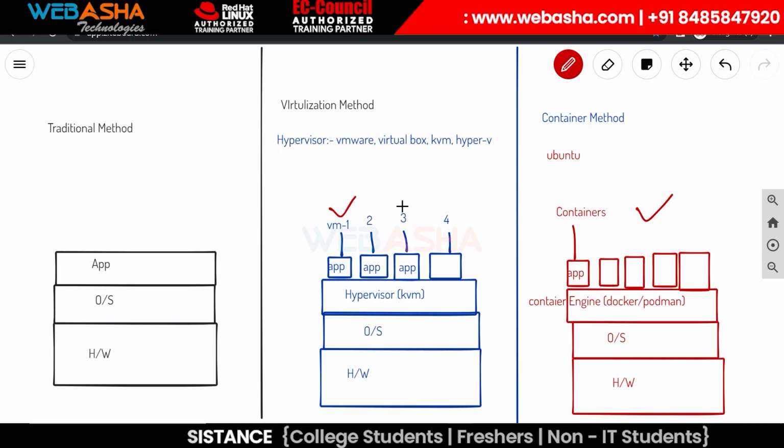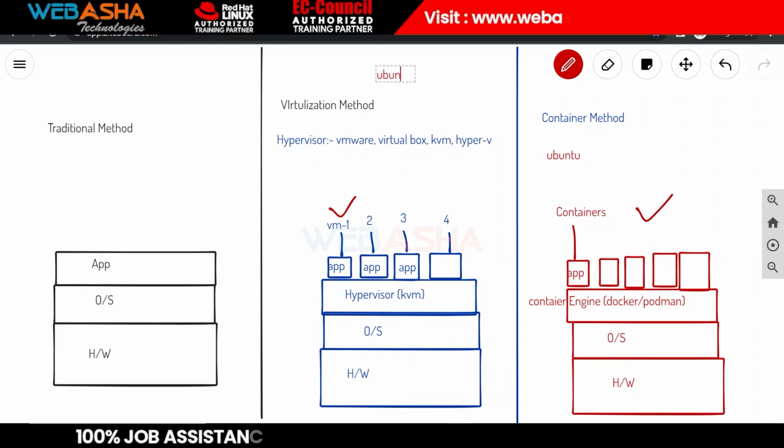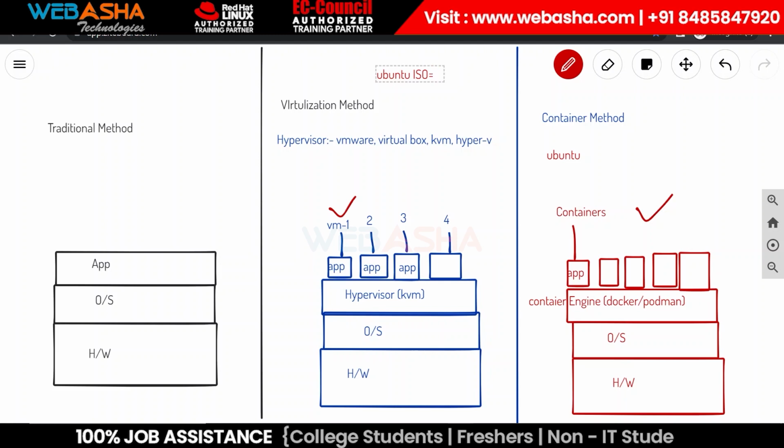When you talk about the traditional Ubuntu ISO image, the size could be 4 to 5 GB, I'm not sure of the exact size. When you talk about the container image in the case of Ubuntu, that could be maximum 18 to 100 MB, I guess. Why?